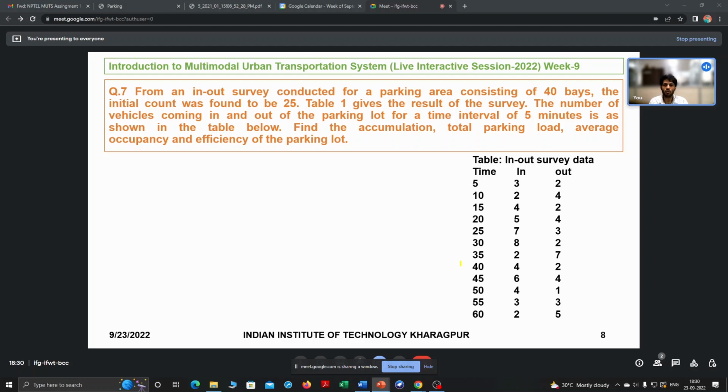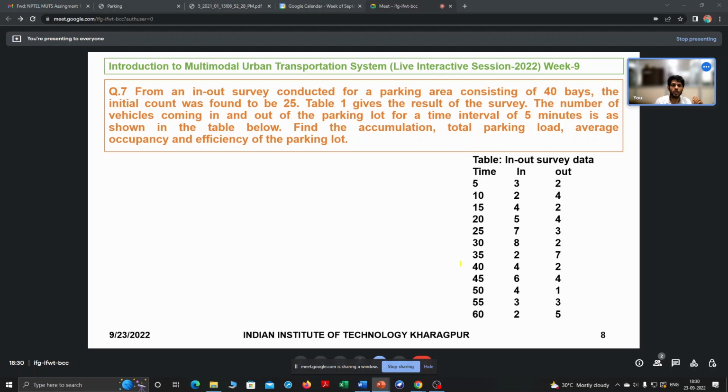So initially there were already 25 vehicles at the time of your survey. Now the table gives the result of the survey, right? The number of vehicles coming in and out of the parking lot for a time interval of 5 minutes is as shown in the table below.